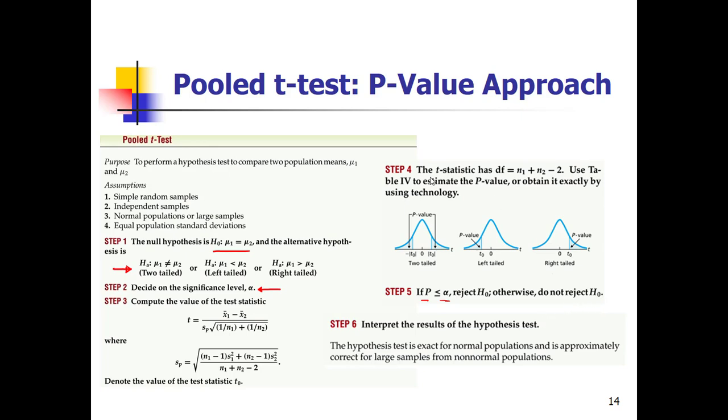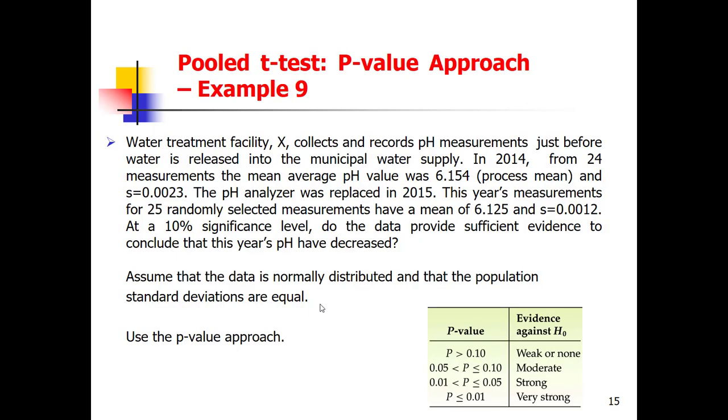So I'm going to solve one question for you, then it will be more clear. Let's work on one example here. Example 9, water treatment facility. A water treatment facility collects and records pH measurement data just before water is released into the municipal water supply.